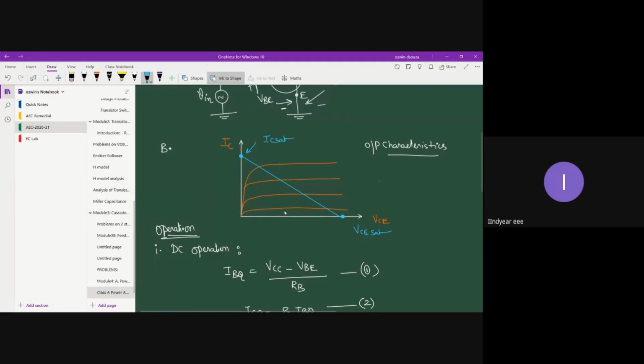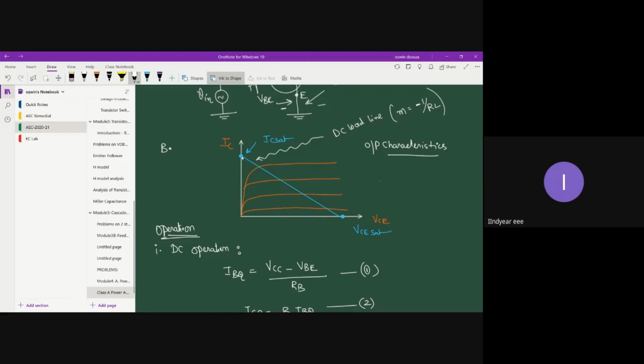So that's your DC load line. Let me just write it. The load line has slope m equal to minus 1 by RL.